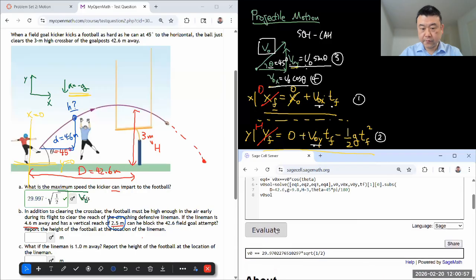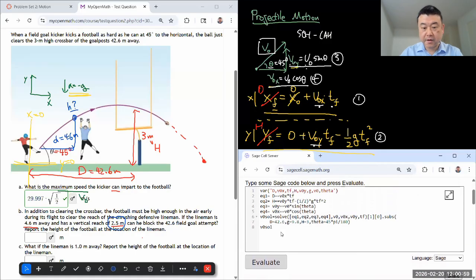Yeah, I have a solution for V naught, and that'll be part of the substitution I'll be doing, because I need to treat V naught as a known quantity, and I'm really doing a new kind of solution with different unknowns. But the equations themselves don't really change, because this is the projectile motion equation, and this is also a projectile motion equation.